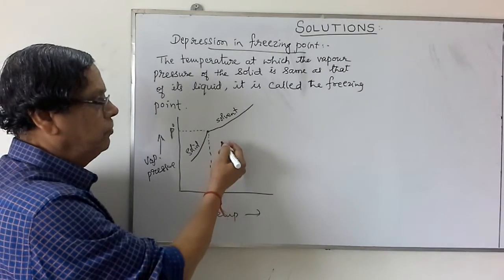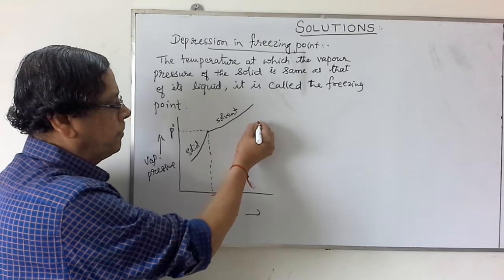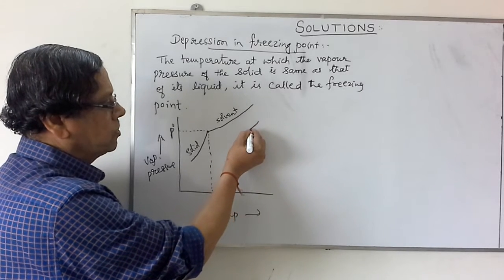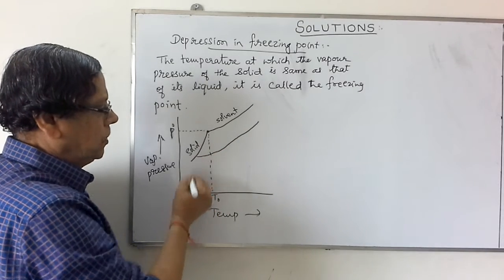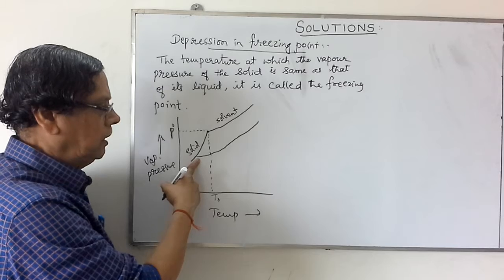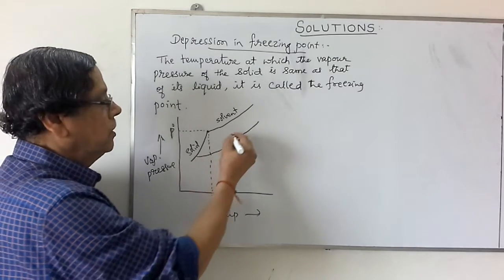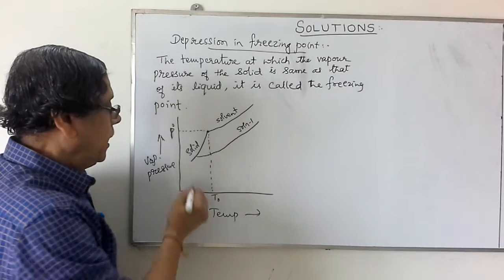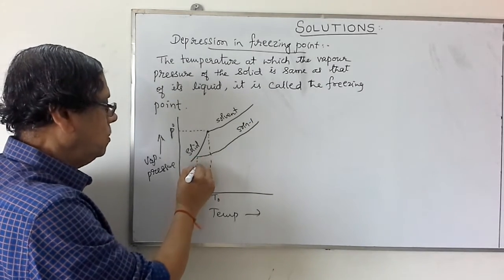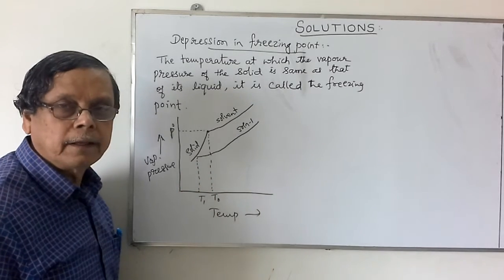A solution will have a lower vapor pressure. The vapor pressure goes on decreasing with decrease in the temperature. So on the solid solvent curve, the vapor pressure of the solution will be at a lower value. So this is solution 1, and this temperature corresponds to T1.